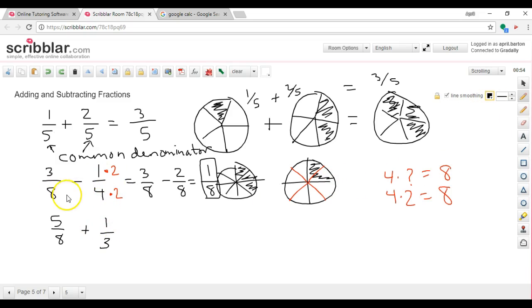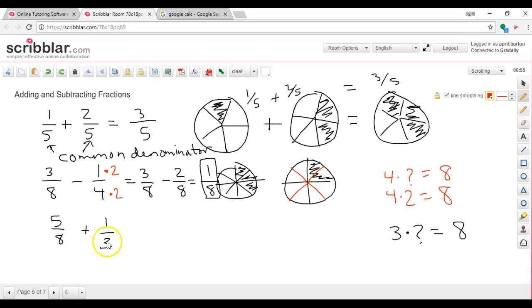So when you're working with one where it's easy to multiply to the bigger number, that's all you need to do. One like this, there is no number that you can multiply 3 by to get to an 8. There's a decimal, but we want just whole numbers only. So if both denominators need to be changed, then it's easiest to use the denominator of the other fraction.